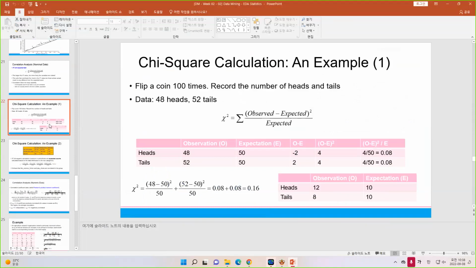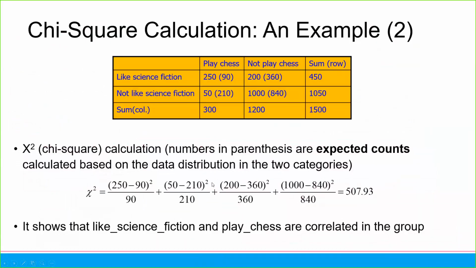What we learned before was about the chi-square. What we learned was about the chi-square calculation on the coins. In a real situation, we can see an example like this one.